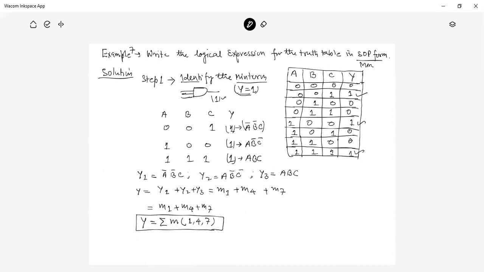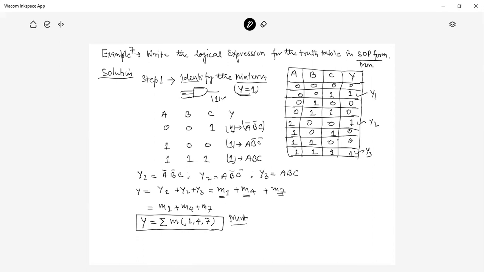So Y1, Y2, Y3, these are the 3 terms. These 3 terms are nothing but M1, M4, and M7. You can also verify from the previous table that has the min term. So M1 plus M4 plus M7. So we can write this as a min term expression.